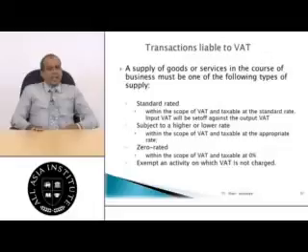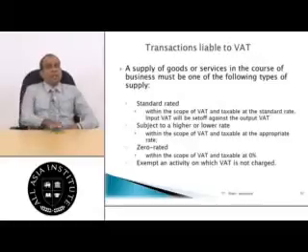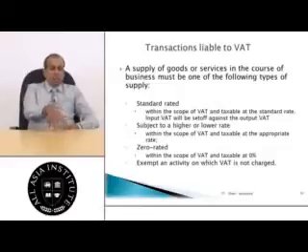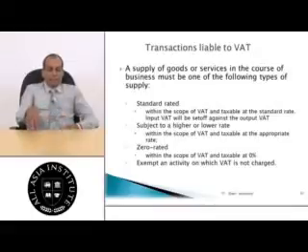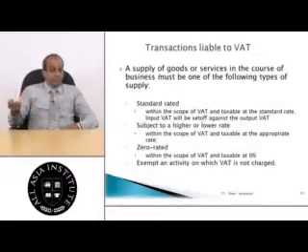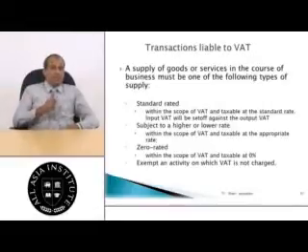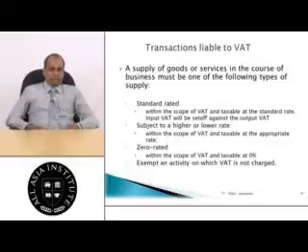Then if an organization selling a standard rated item paid VAT on their inputs, then the input VAT paid, or VAT on purchases, can be set off against VAT on sales. The net amount should be paid if the output VAT is more. If the input VAT is more, then the tax authority will give a refund to the organization.